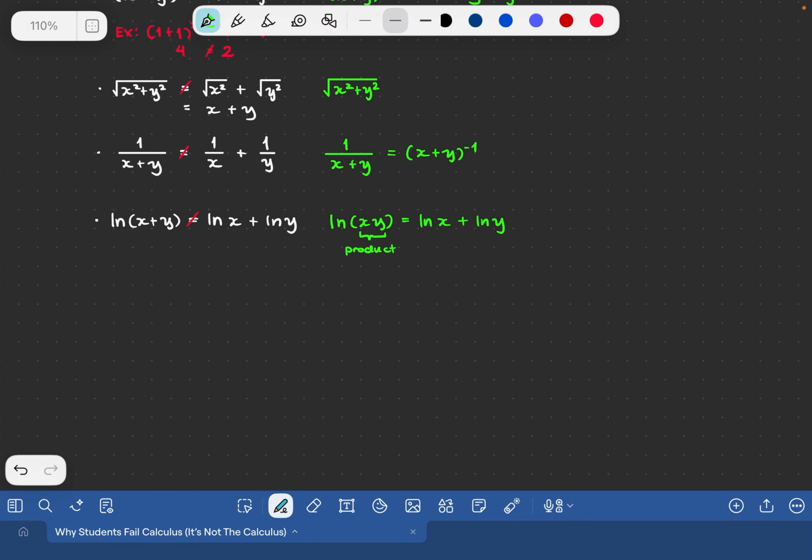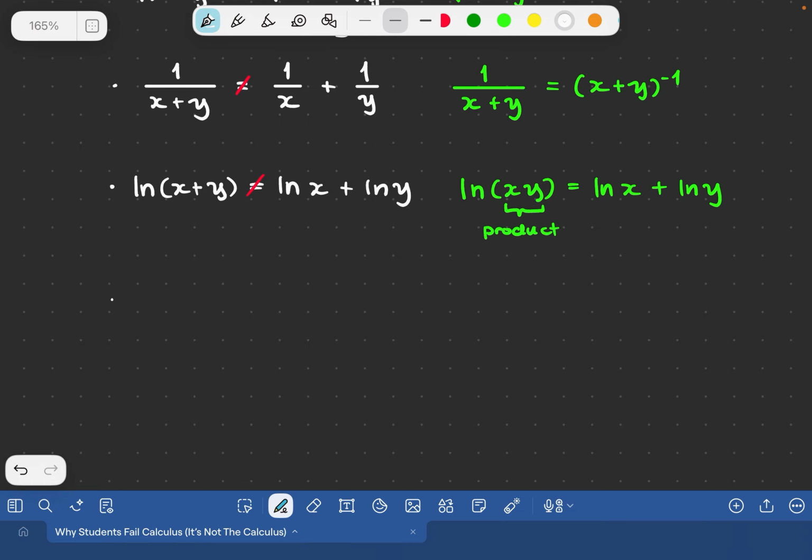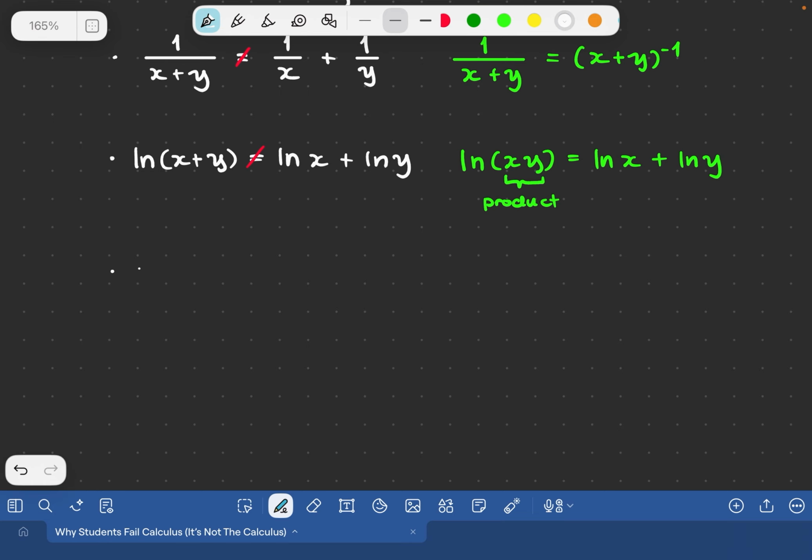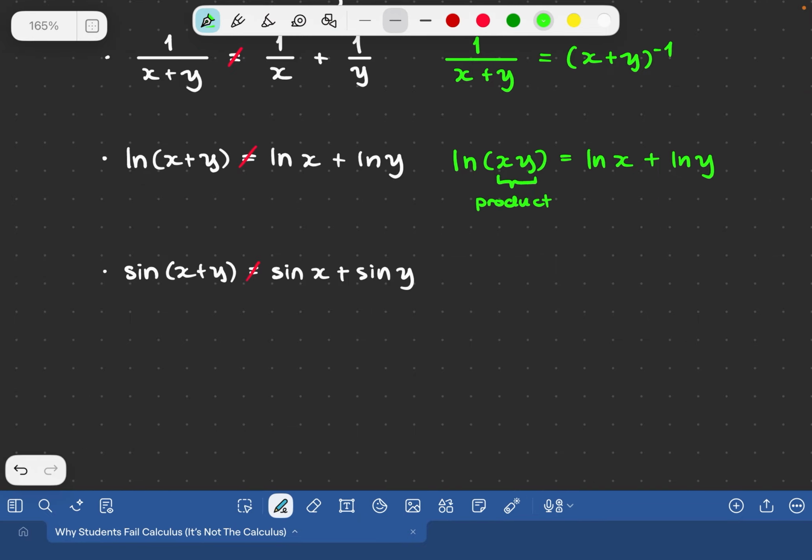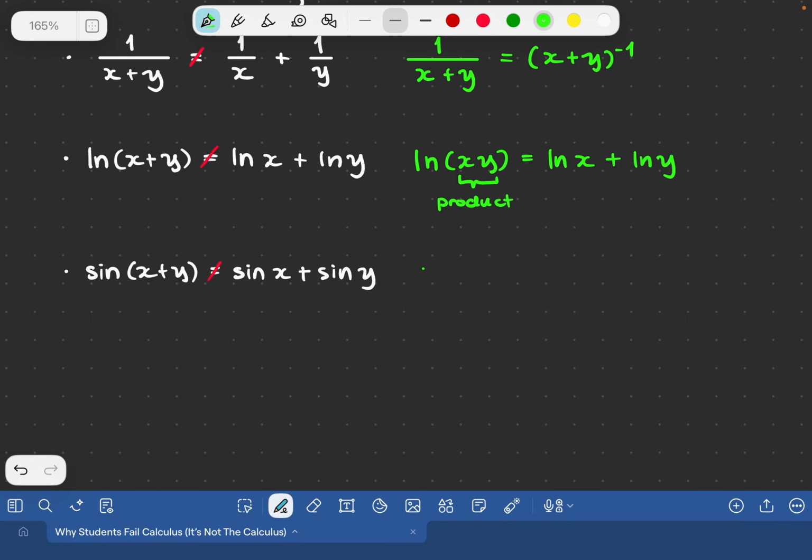And then the last one for this. If we have sine of x plus y, a common error here again is to split this to be sine x plus sine y. Similar to earlier, this one is again incorrect. The correct way to do this is to apply the formula.